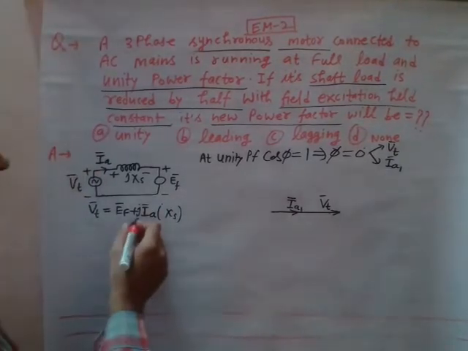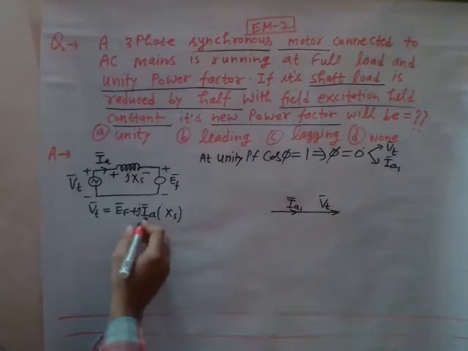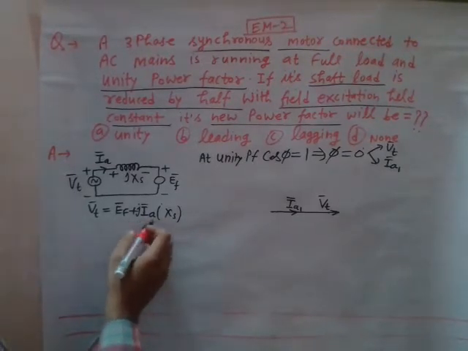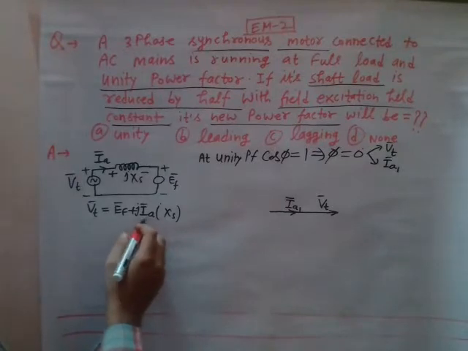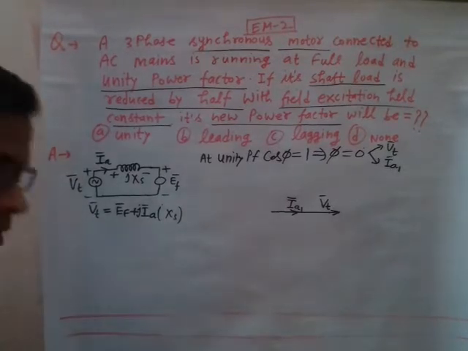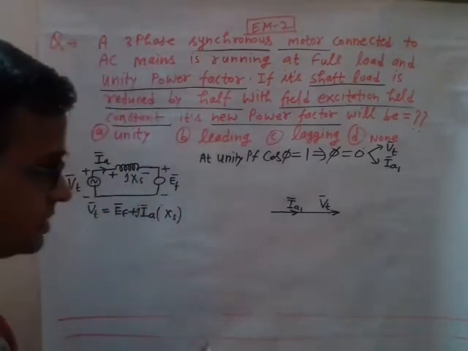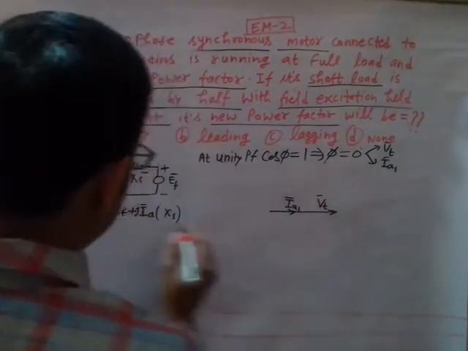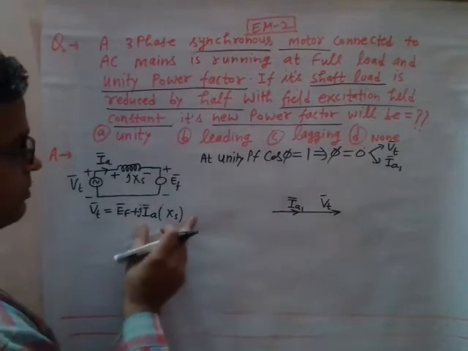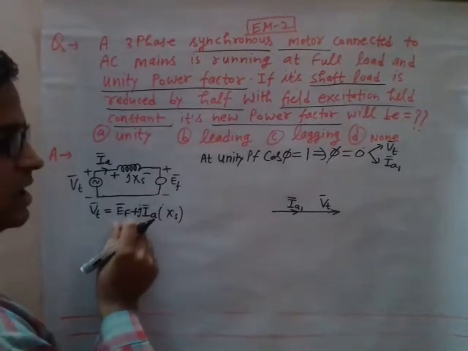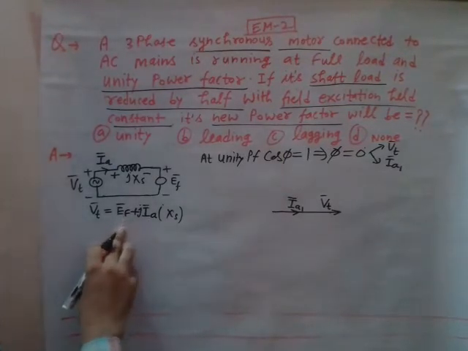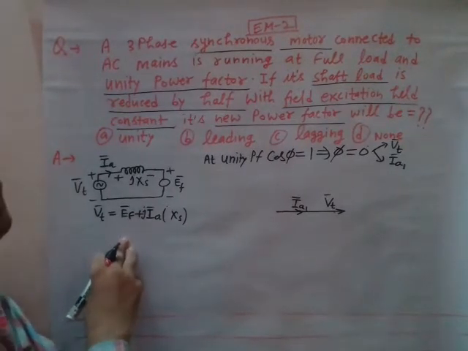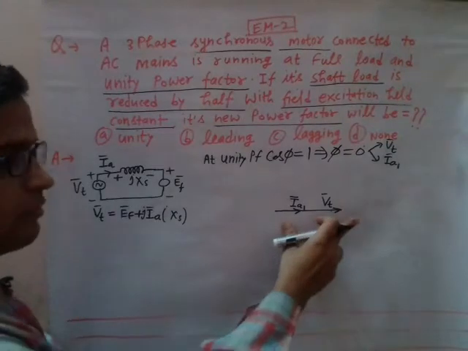Now see what is the meaning of j times IA. When j is attached to any phasor, it rotates that phasor by plus 90 degrees in the anti-clockwise direction. So in the excitation EMF phasor you have to add this. You know that in the case of a synchronous motor, the excitation EMF lags the terminal voltage phasor.